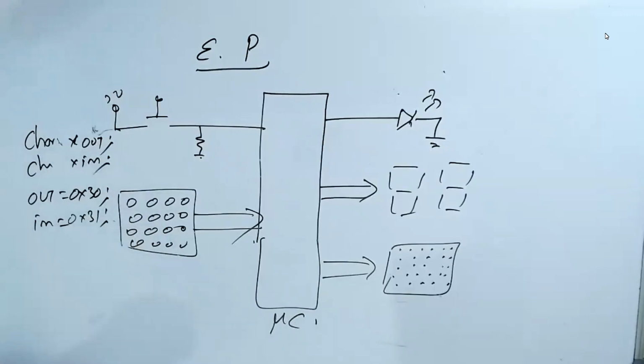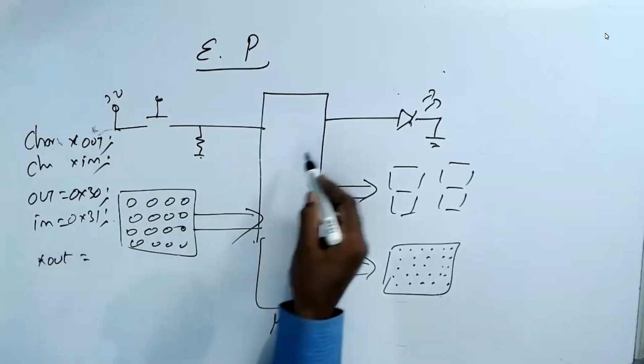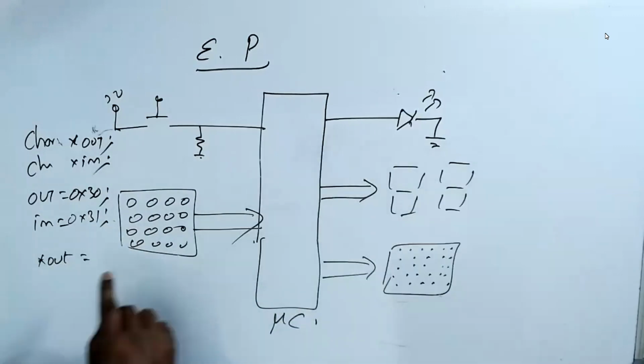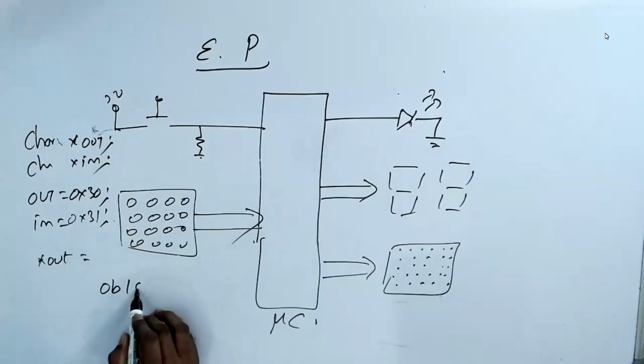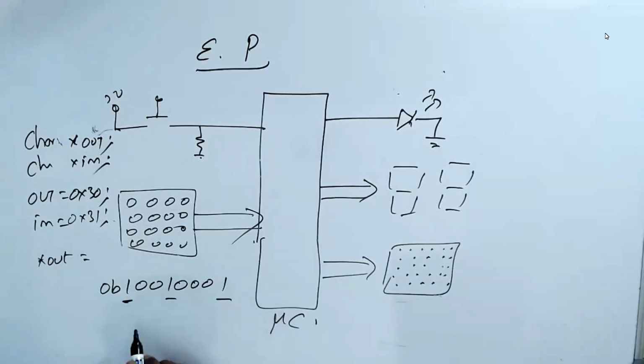Whatever it is, you put star out is equal to something and you directly control. See that? If you output 0B 100 100, those pins will get 5 volt and those digits will be on. We have seen that. Am I right?